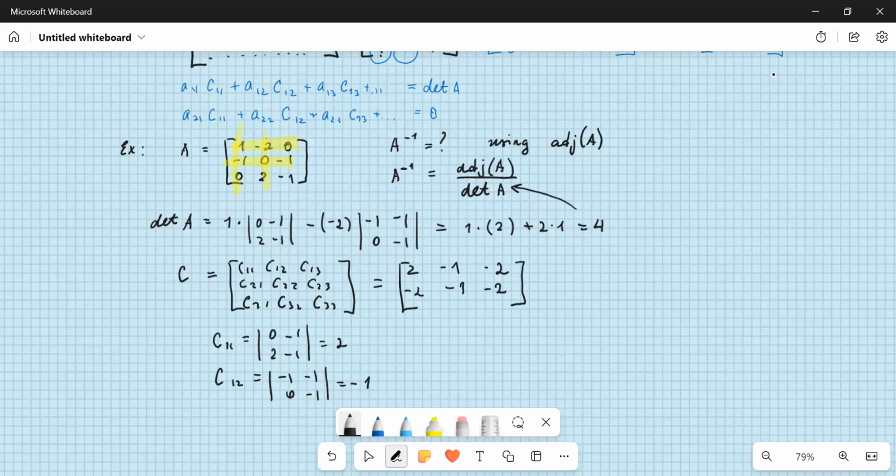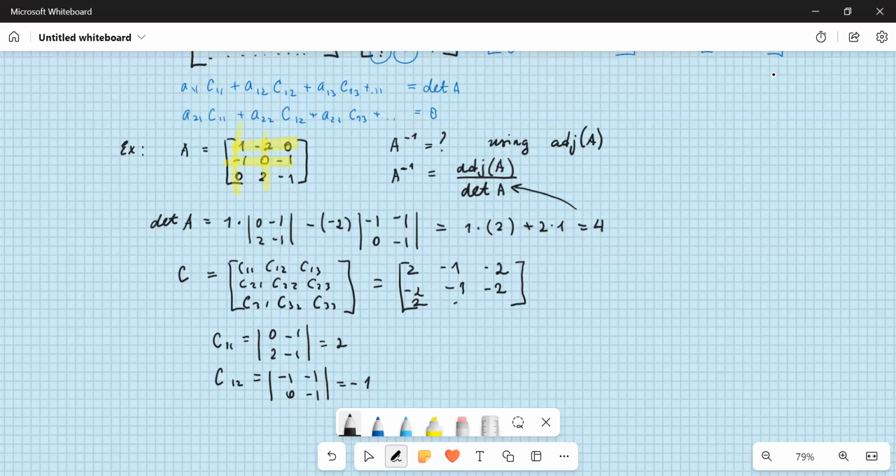And we have just the last row. For the 0 element, it's -2, -1 is going to be 2. And plus, minus, plus, so it's 2. The next one is going to be the element for 3, 2, where you cross out this element. 1 by -1 is just -1.